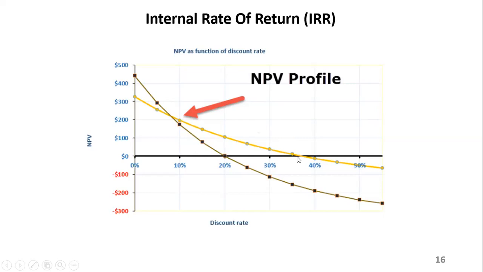So hence, it's likely that the payback period. Sir, will I be right if I say it's likely that the payback period for the one in yellow would be shorter than the one in black?